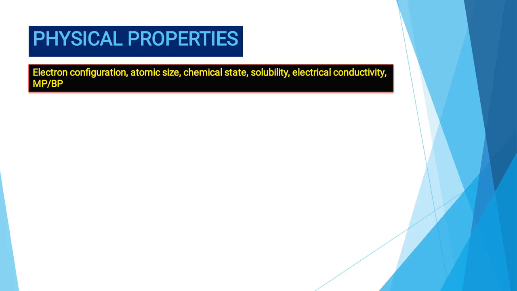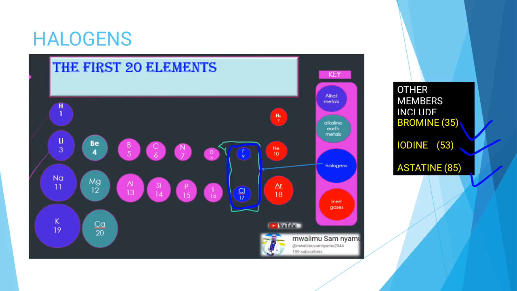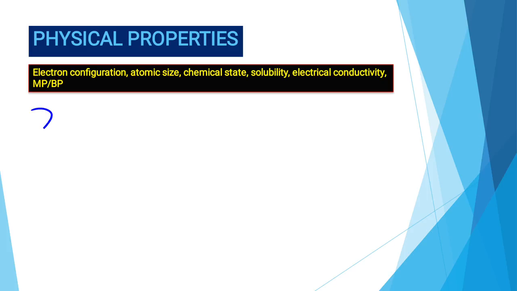The electron configuration of fluorine, which has an atomic number of 9, is 2, 7. If you add 2 and 7, you get 9, and that is the atomic number of fluorine.